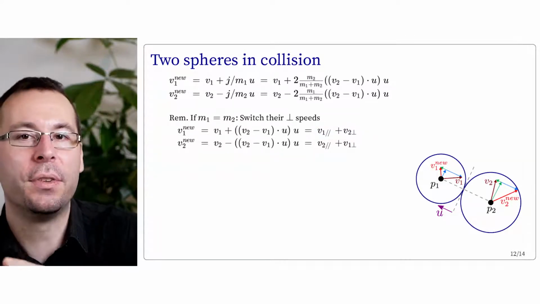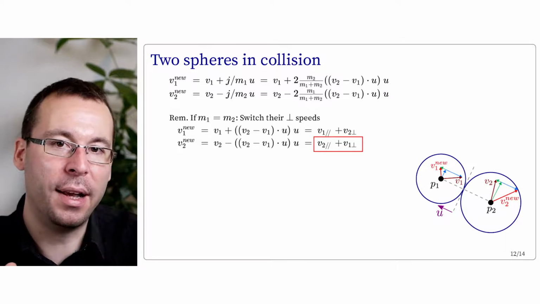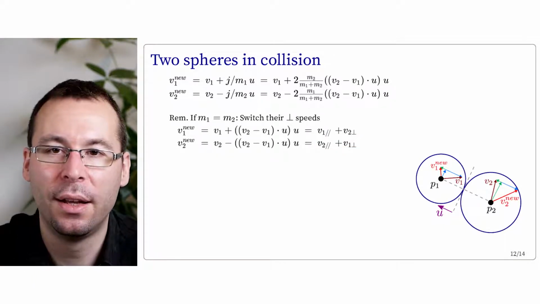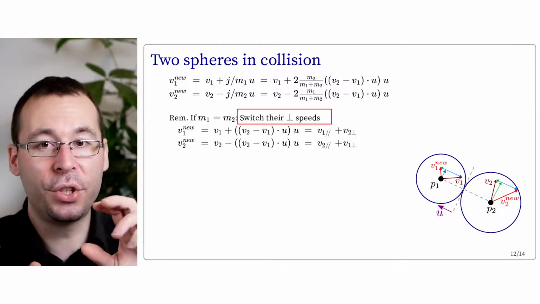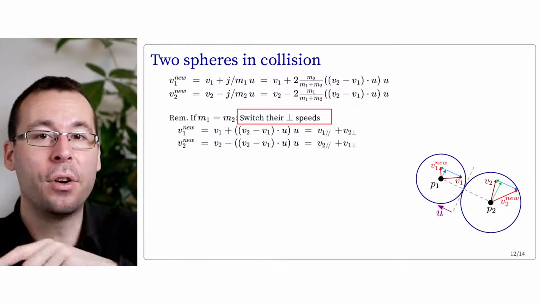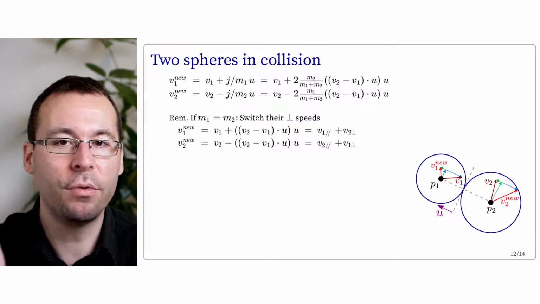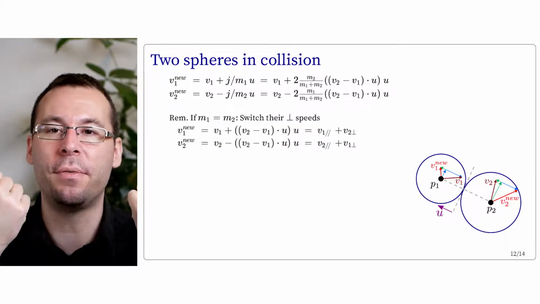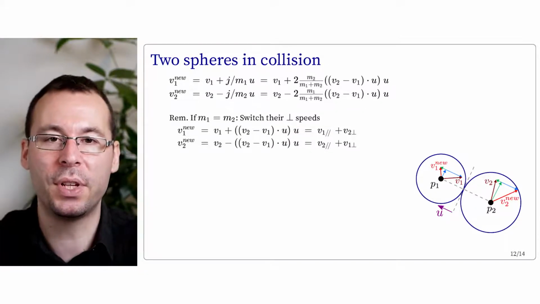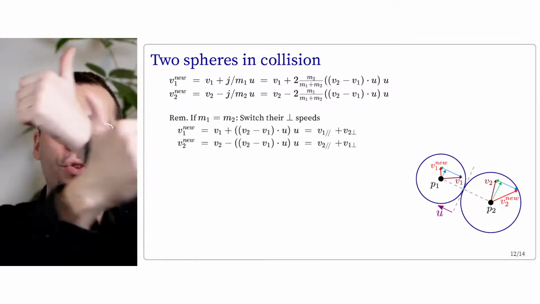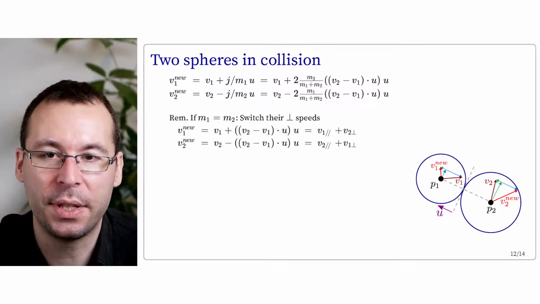And the new velocity v2 is v2 parallel plus v1 orthogonal. So it means that we have actually switched the orthogonal component of the velocity between the sphere 1 and the sphere 2. So we should not invert the orientation of our own velocity to create the bouncing effect, but we should actually switch the orthogonal velocity.